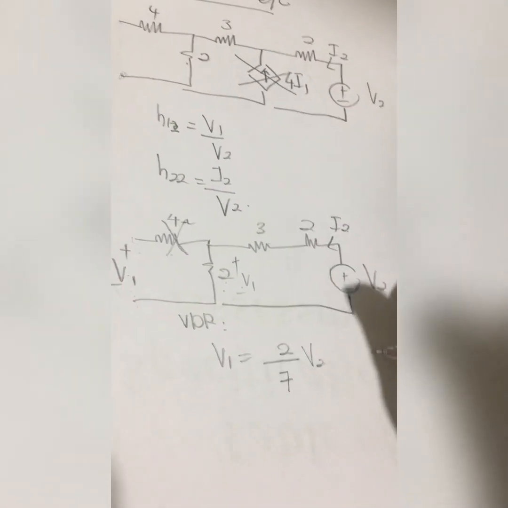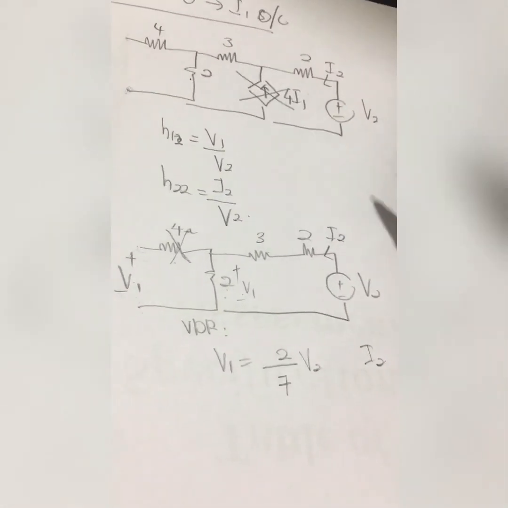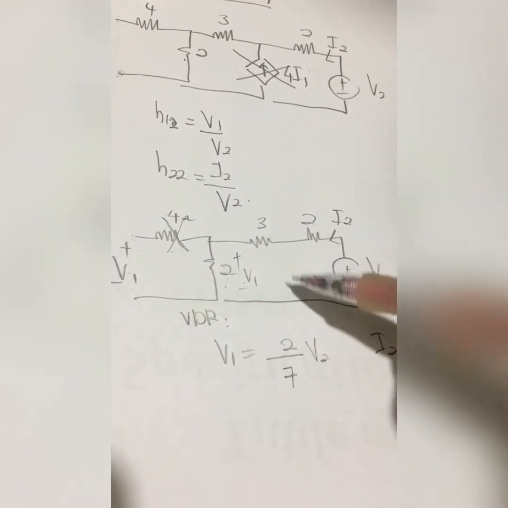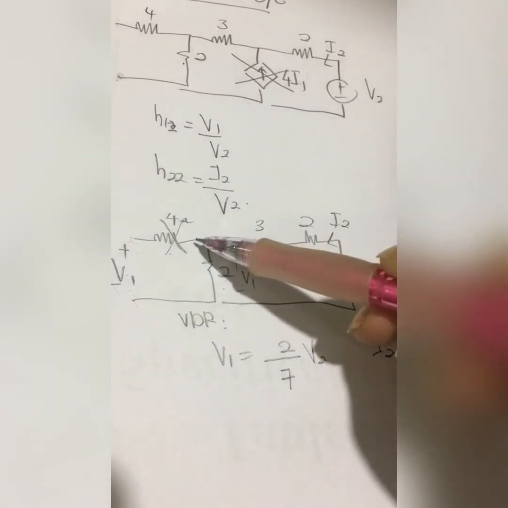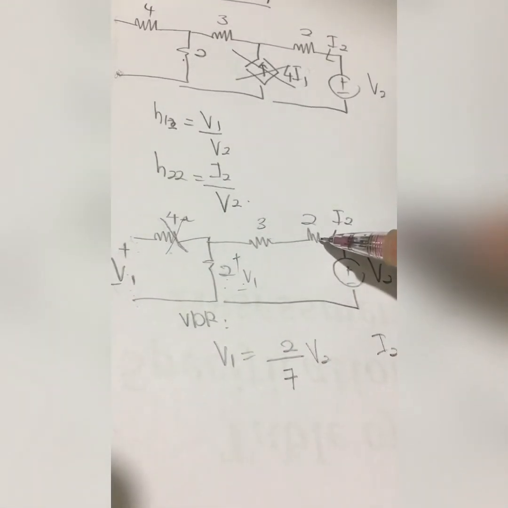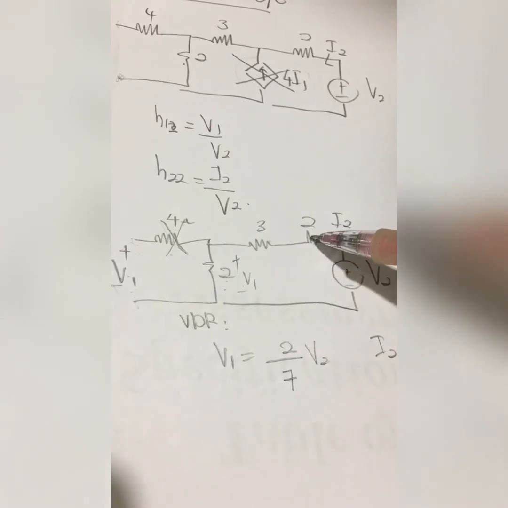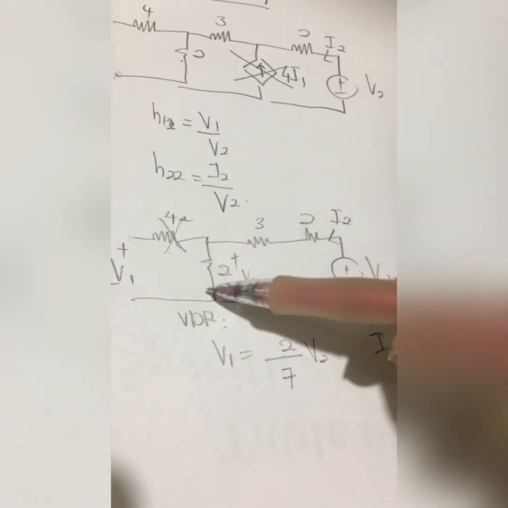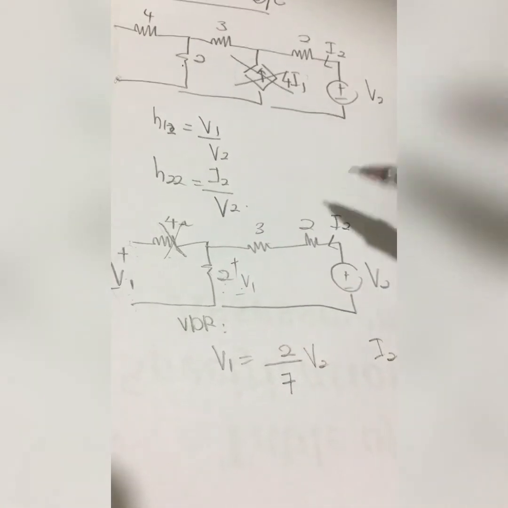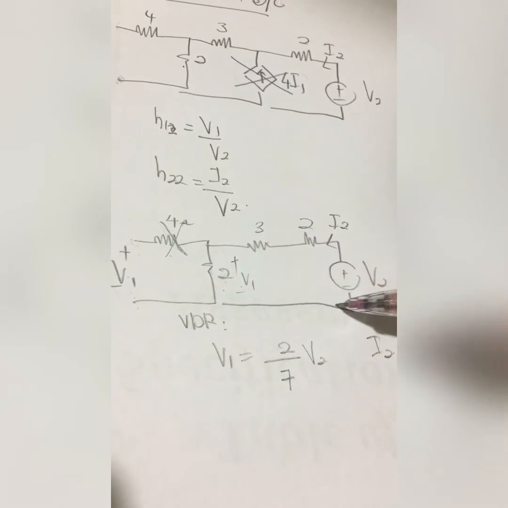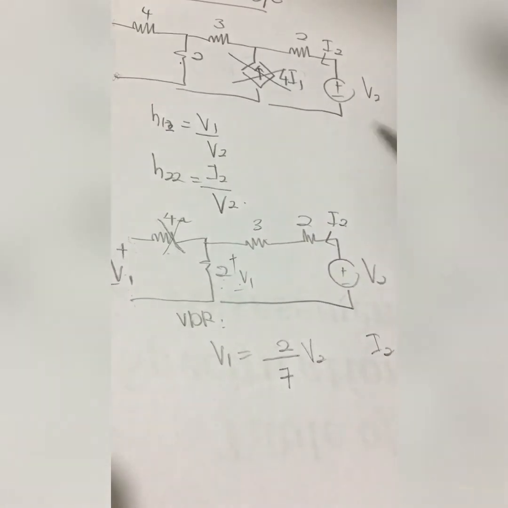Okay. Then next, for I2, the current flowing in this branch, this loop. Since the current will not flow to this resistor, basically all resistors at this part are in series connection. Current will flow directly from here to here and back to the source.